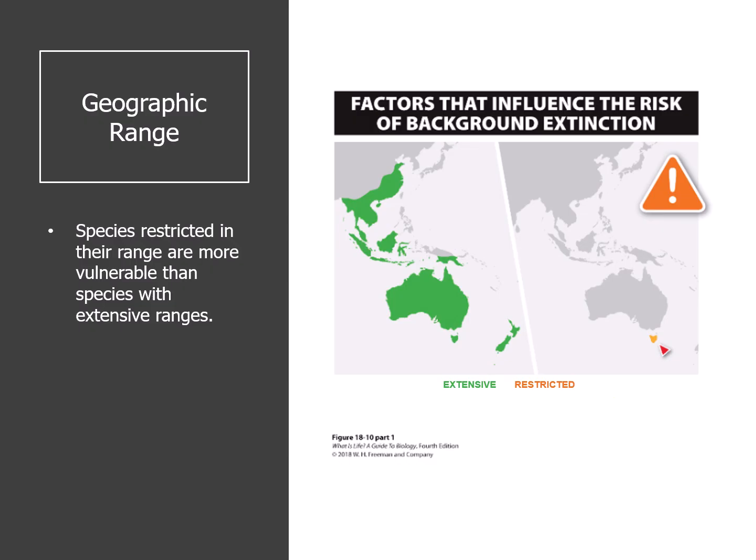There are certain aspects that can affect the risk of a species going extinct, and this is more like what can cause that natural extinction, that background extinction. The first factor is going to be geographic range. If a species has a very extensive range that it can live in, then they'll be less vulnerable.